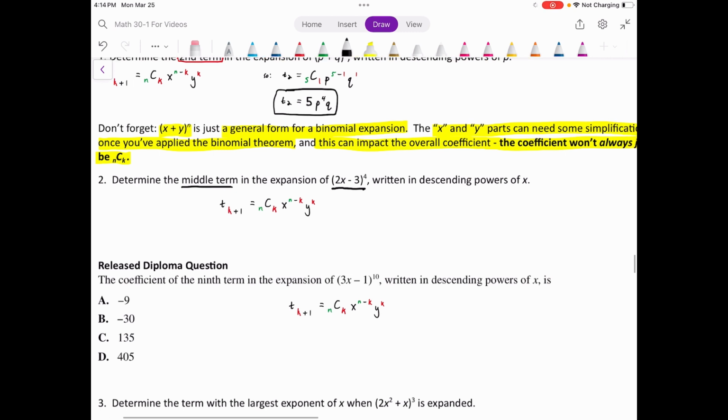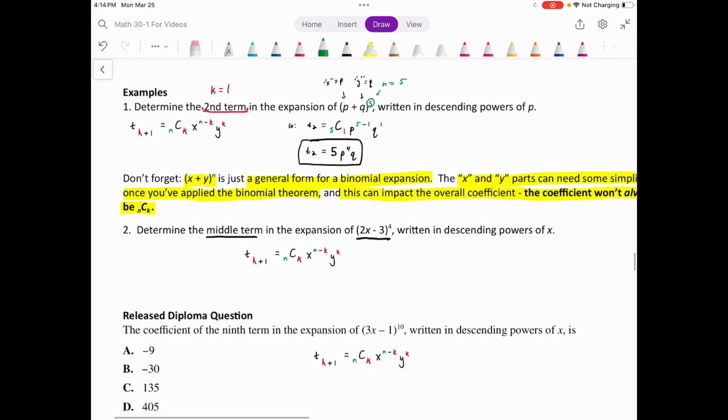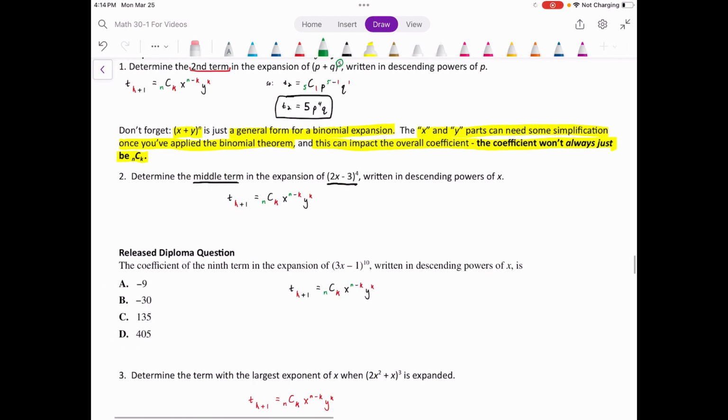So let's just think about this. The middle term, what term number is that? If they told us what the term was, we could just start doing this, right? k plus 1, k would be 1 less than the term number, but it said middle term. How do we know what the middle term is? Well, n is 4, right? So this has how many terms? It has 5 terms, n plus 1 terms, always.